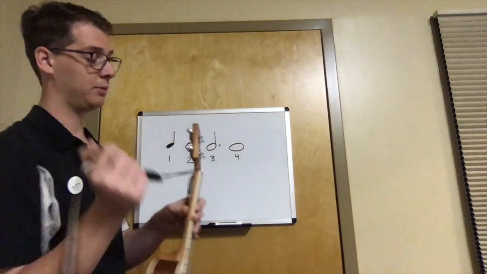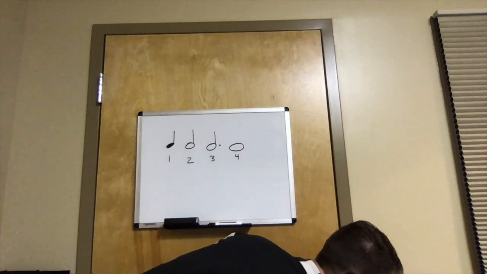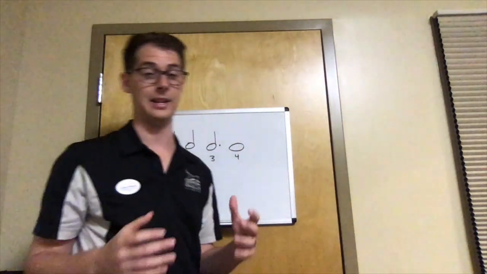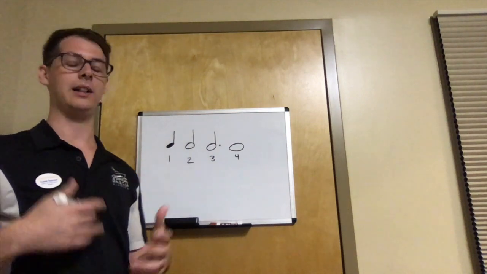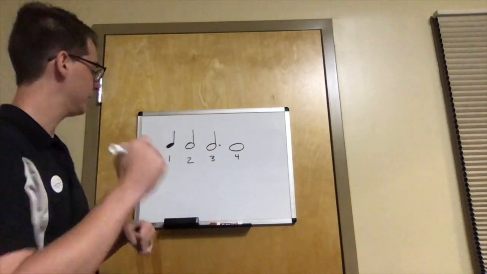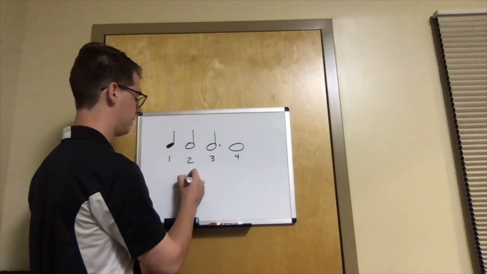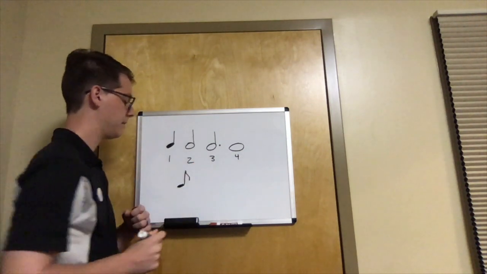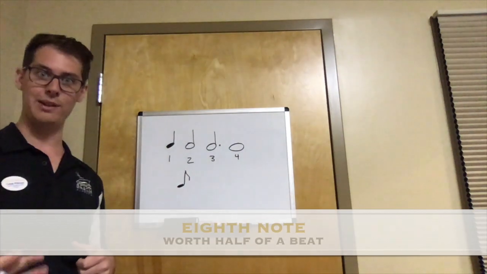Now, we do actually have some notes that are worth less than a beat. So these notes are going to be played a lot faster. So this note here is called an eighth note.